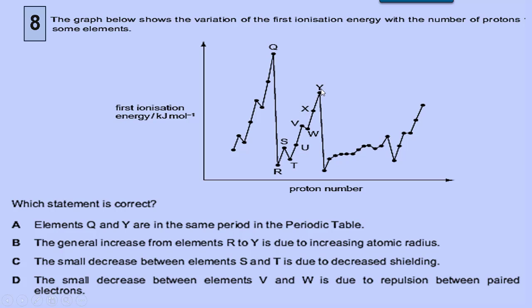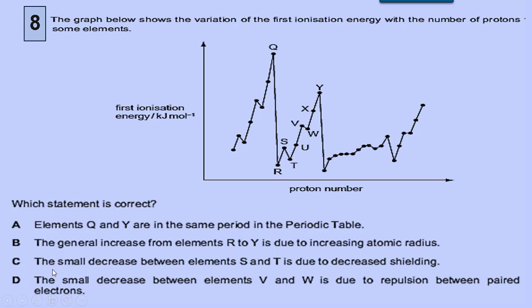So they can belong to the same group, not to the same period. The general increase from R to Y is due to increasing the atomic radius. Let's look at R and Y. By increasing the atomic number in the same period, the atomic radius decreases, not increases. So statement B is also incorrect.